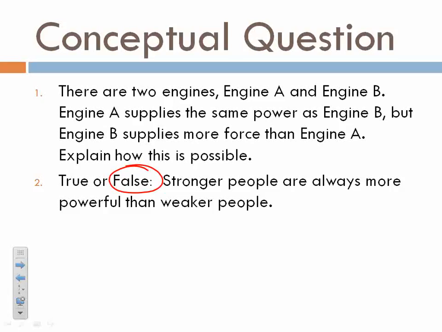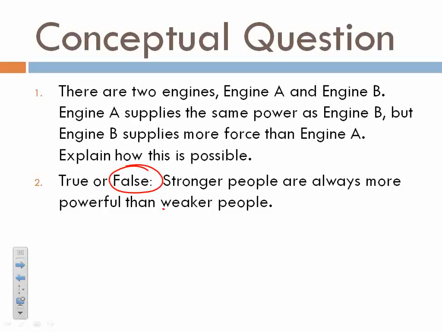So even a smaller, weaker person, if they do that work, that small force, if it does the same amount of work, but it does it in less time, then you're going to have more power.